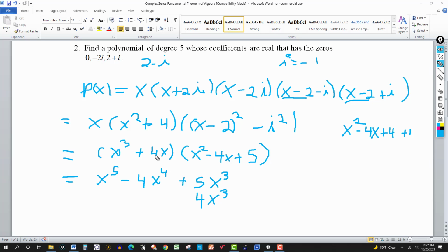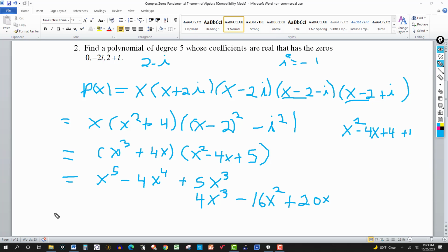And then now 4x times a minus 4x is a minus 16x squared, plus, okay, and then 4x times a 5, that's going to give me a 20x. So then we can just add a few terms here.